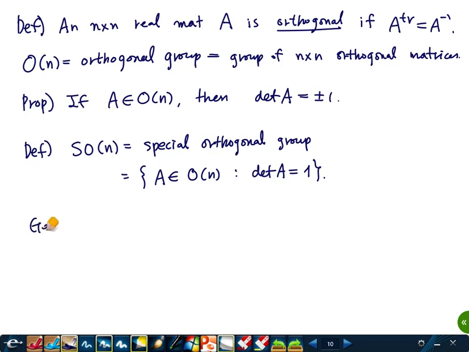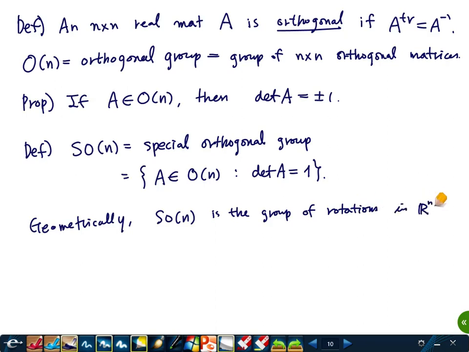And geometrically, the special orthogonal group is the group of rotations in R^n. So in R^3, we can imagine rotating about some fixed axis by some angle, and they form a group.